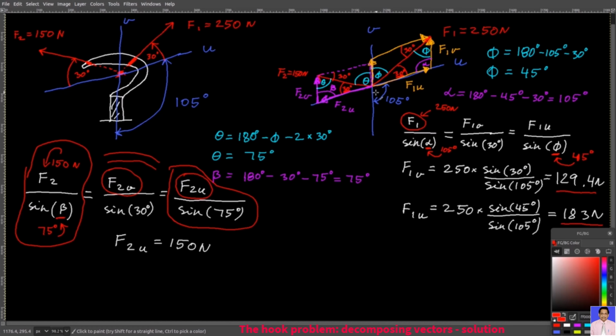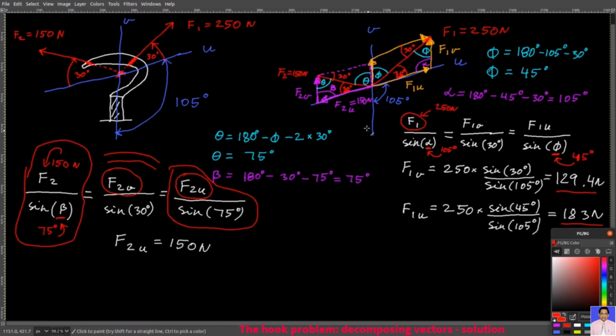So you see, when axes are not perpendicular to each other, then you can have a situation where your resultant vector is equal to one of the vector components, even if another vector component is not zero. So even though you have F2V, which is not zero, F2U still equals 150 newtons, which is equal to the resultant vector, which is also 150 newtons.